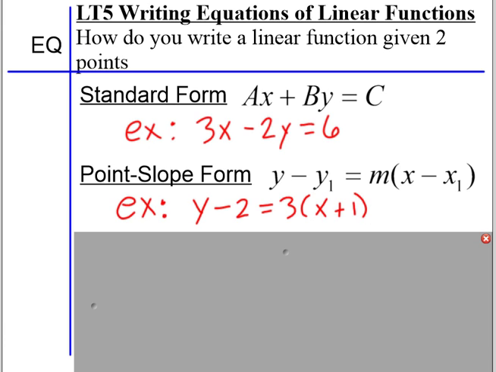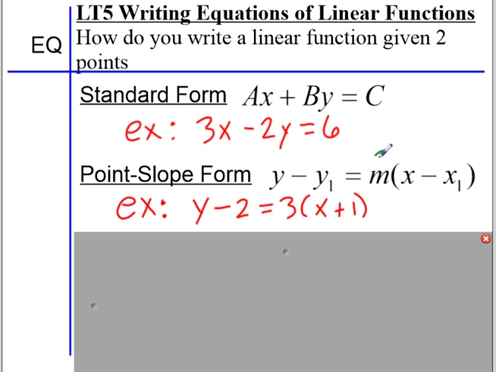In this way, we see that the m, which always stands for slope, is the 3. And our points are the x1 and the y1, the 1 and the 2.